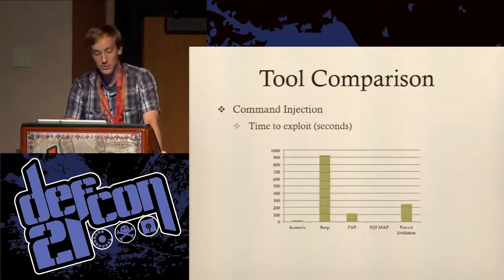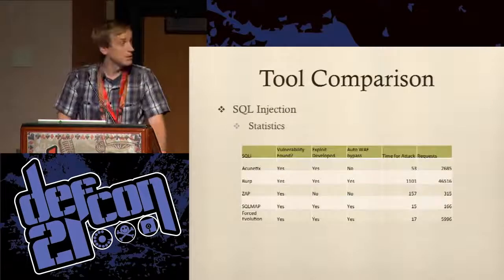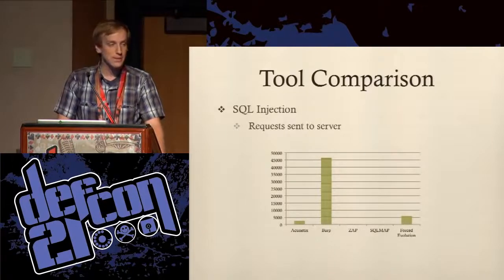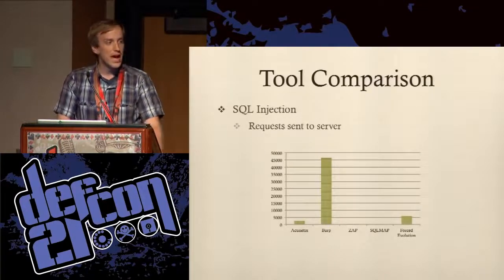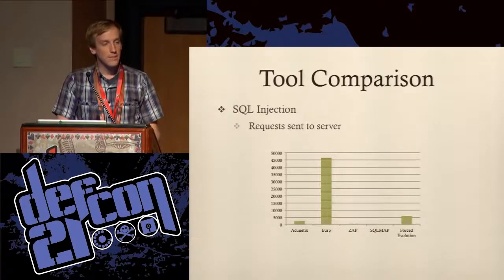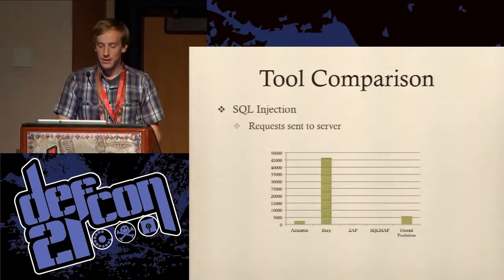And the same for SQL injection. I also did the same statistics for SQL injection, and the total number of requests per server decreases dramatically, because SQL injection has a finer way of expressing the score associated with the fitness function.